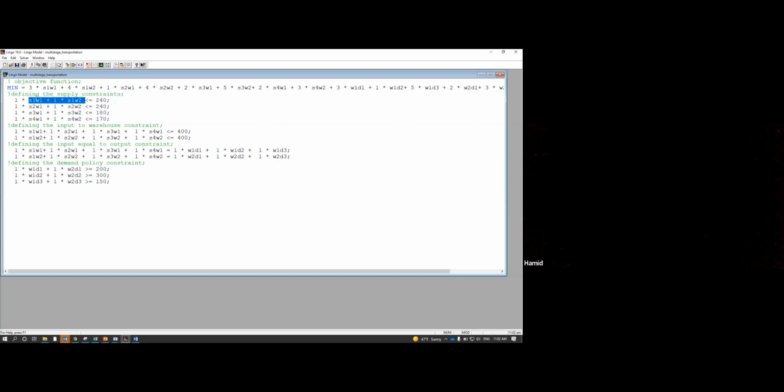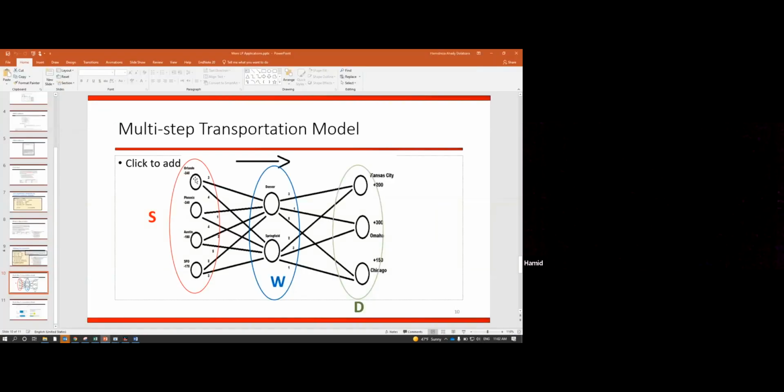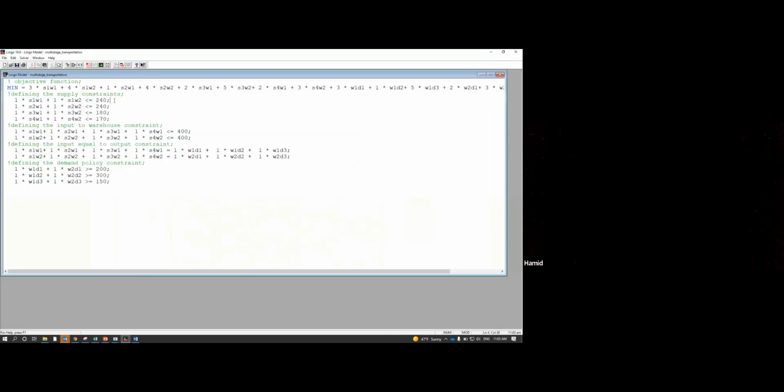So the summation of whatever goes out should be less than 240 because it's how much Orlando can produce. If I show on the picture, S1 to W1, S1 to W2, the summation shouldn't be more than 240. And you do the same for all supply points, so you cannot send more than what you can supply or produce.